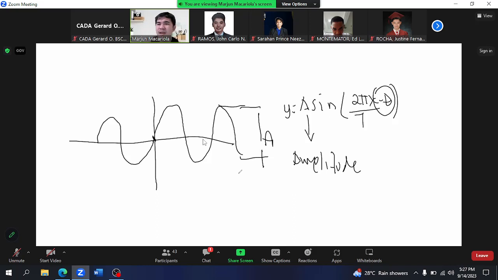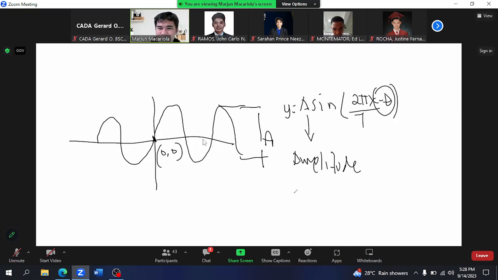Ibig sabihin ng phase shift, saan nagsimula yung signal mo. Kung titingnan mo dito, ang origin niya ay 0. So ang phase shift niya ay at origin which is 0, 0. Pag-aaralan natin yung phase shift keying.